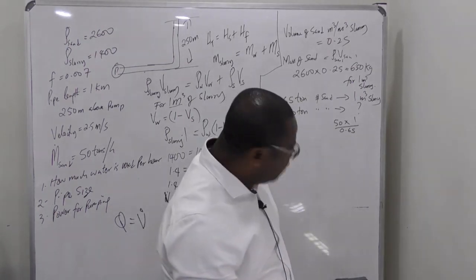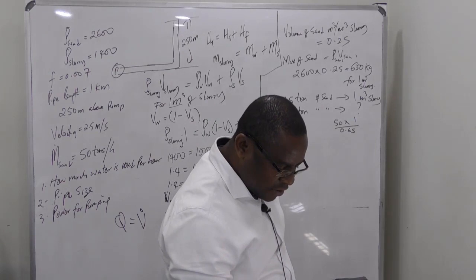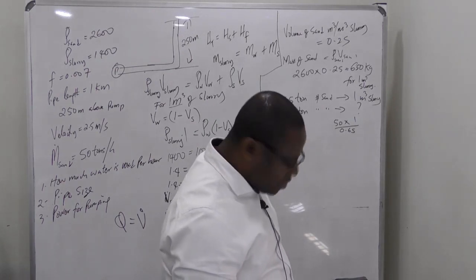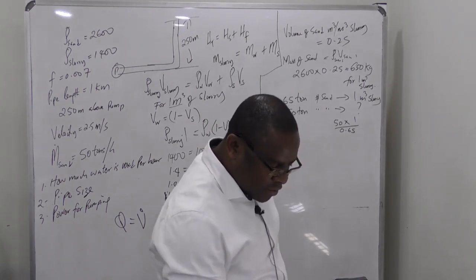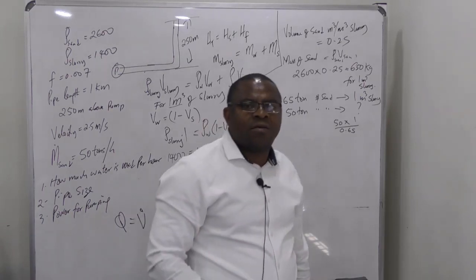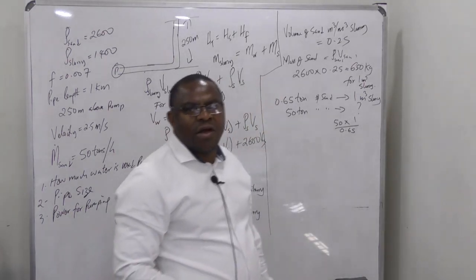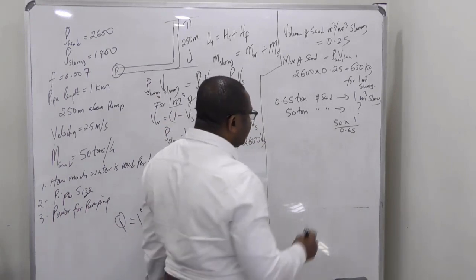Let's just get that: 50 times 1 divided by 0.65. That is 79.92 meter cube slurry.